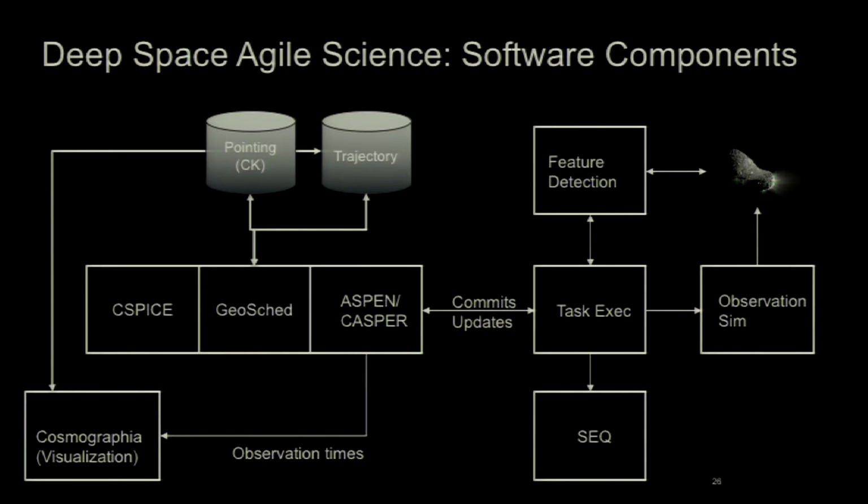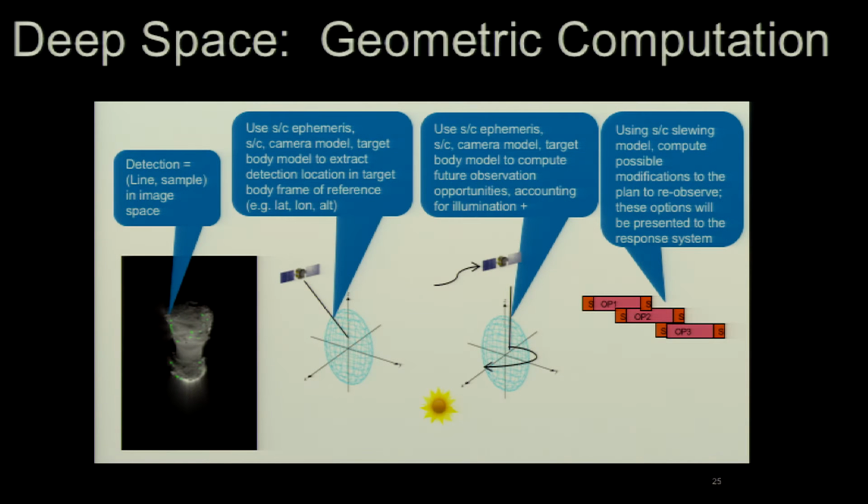So what we do here is we plan the observations. Then as we get the data from those observations, we actually have an observation simulator. We get these targets. The targets have to then be translated from the image space, the line sample space, into the target frame of reference. In other words, this ellipsoid, we're assuming they're on the surface of the body.